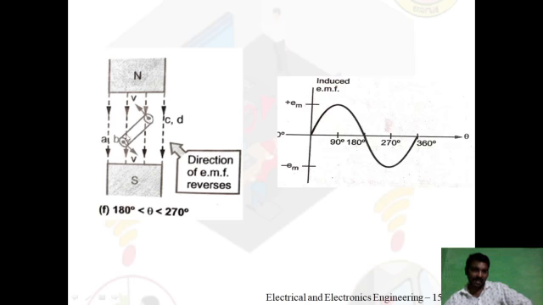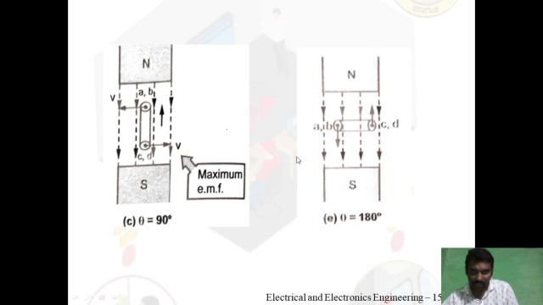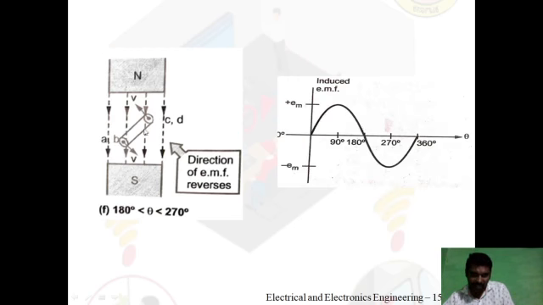Again it comes in diagonal, so you have to resolve the components of velocity v into v sin theta and v cos theta. Because of the sin component, the EMF gets induced. The cos component you can neglect.